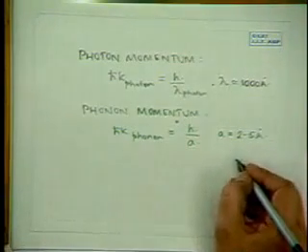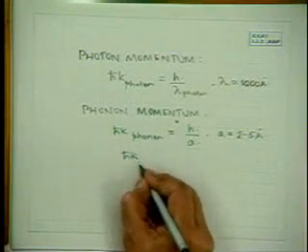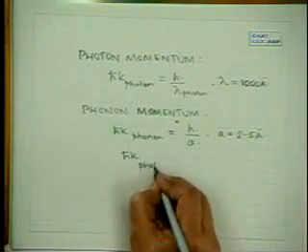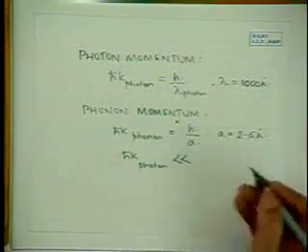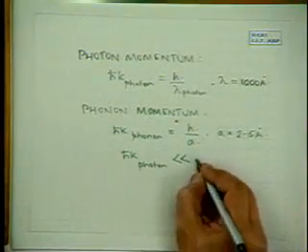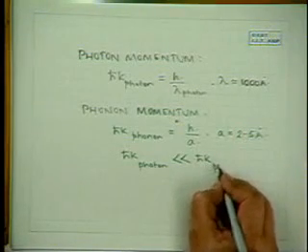So we see that in this case, h cross K photon is much less, by a factor of about 1,000, than h cross K, the momentum of the phonon.